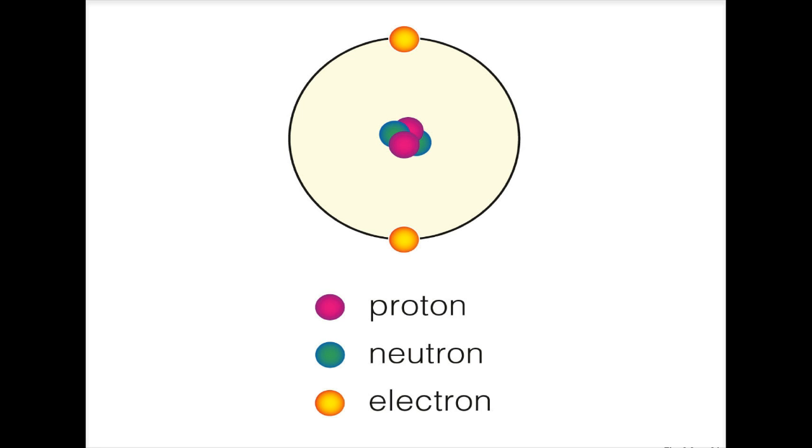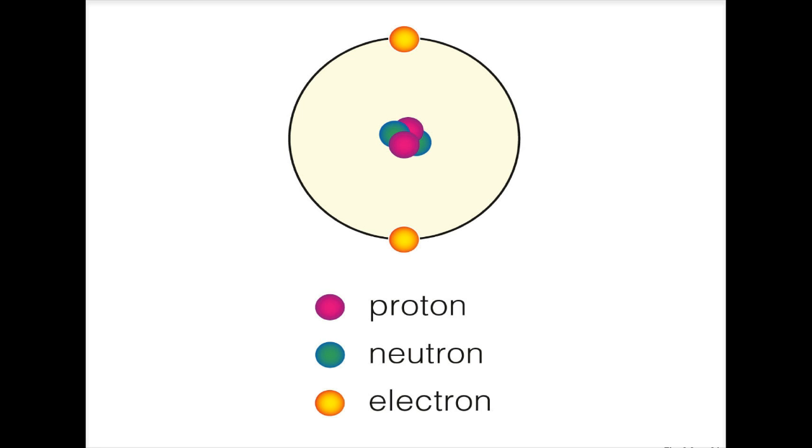So in this static view of an atom, we see protons represented by a rosy color, and those are positively charged subatomic particles. We see neutrons represented by a green color, and then we see electrons represented by an orange color. The protons and the neutrons make up the central portion of the atom called the nucleus, not to be confused with the nucleus of a cell, which we'll discuss in Chapter 4.